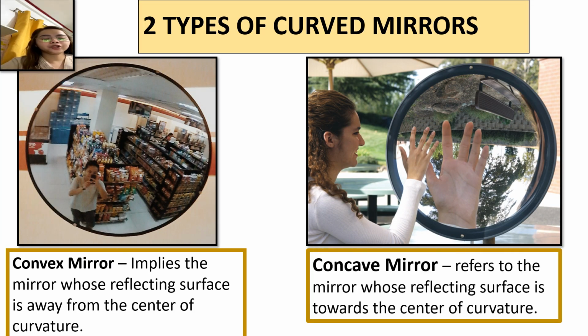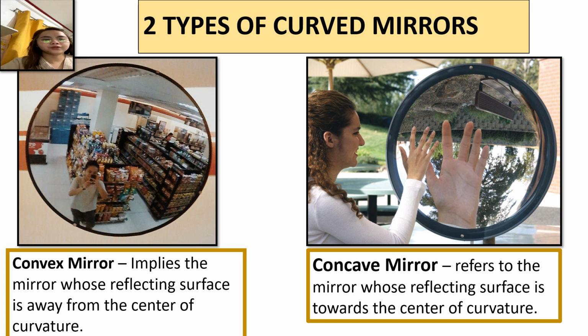To elaborate furthermore the differences between convex and concave: a convex mirror implies a mirror whose reflecting surface is away from the center of curvature, and it can be seen inside 7-Eleven stores or malls.